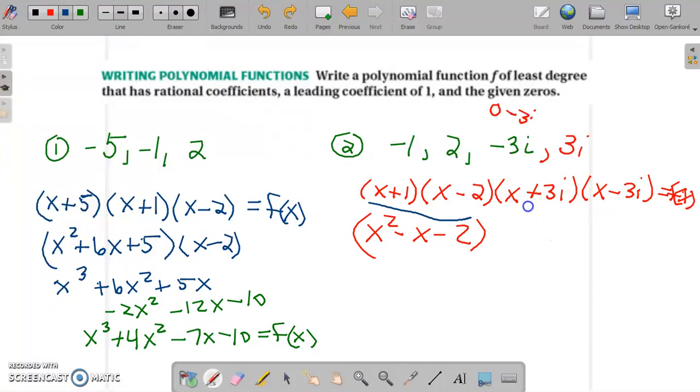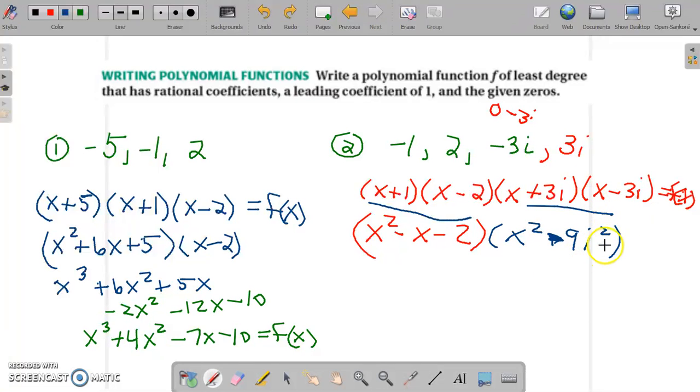Now I'm going to multiply this out. We're going to have x squared. Our inners and our outers are going to cancel out. I'm going to end up with a 9i squared. Now remember about imaginary numbers, i squared is a negative 1. Because a positive times a negative is negative, I'm jumping the gun here.